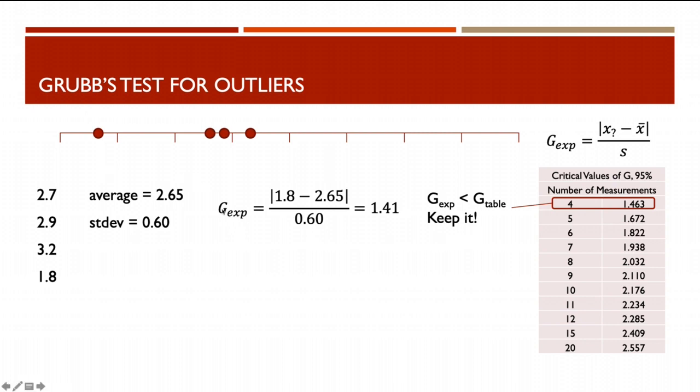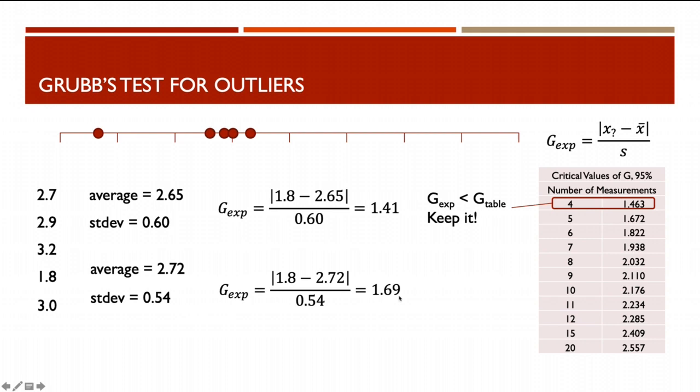If you would like to eliminate it, then the only other choice is to collect more data. So for example, if you were to collect a 5th point and it happened to fall in that grouping, then you could calculate a new average and a new standard deviation, recalculate g-experiment, and now compare that to the g-table for 5 measurements.